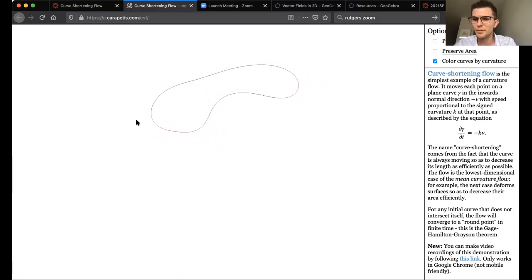It's like an analog of an aesthetic surgeon for curves. They're becoming more circular, if you think of circles as a perfect shape. And after they reach this more circular form, they follow the same fate as the circle. They just start collapsing.